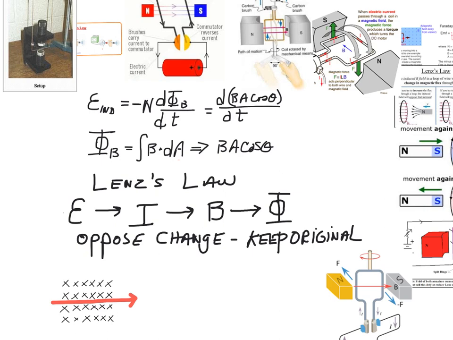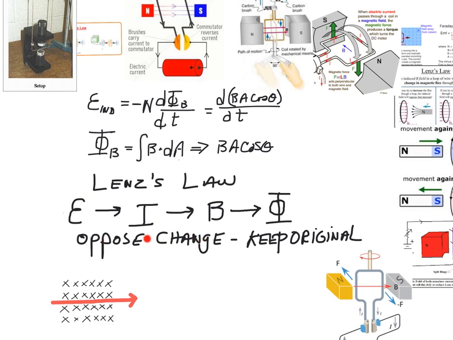Lenz's law tells us that the induced EMF will always produce a field and a flux which opposes the change that's producing it, or tries to keep the original. Okay, this won't make total sense until we apply it to things, but you can think of it like electrical inertia, right?